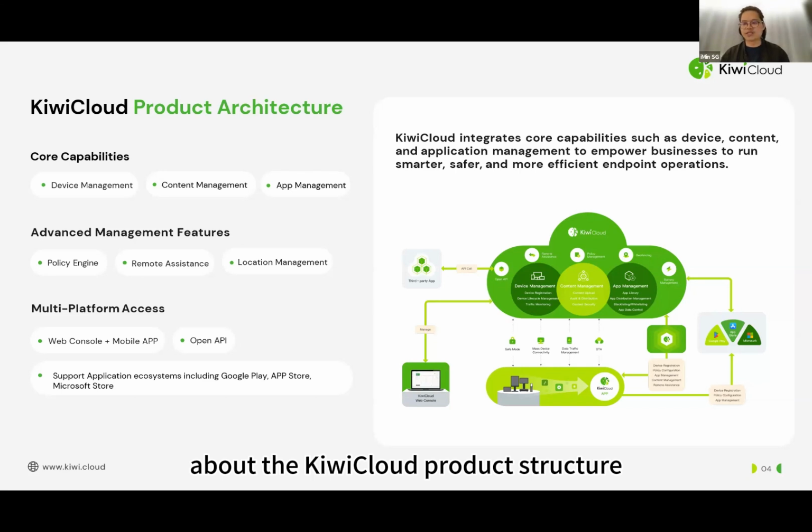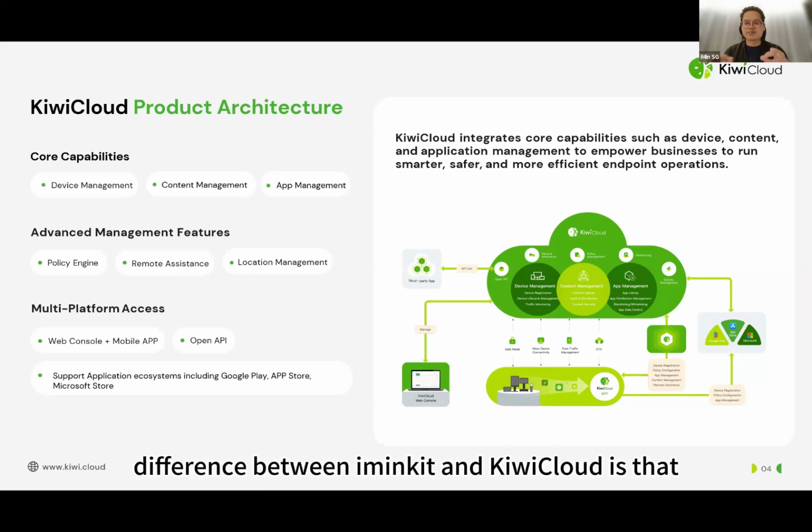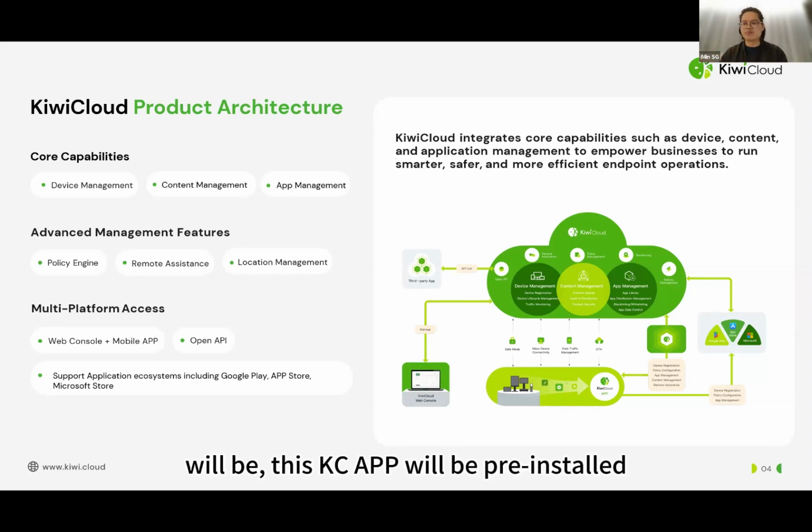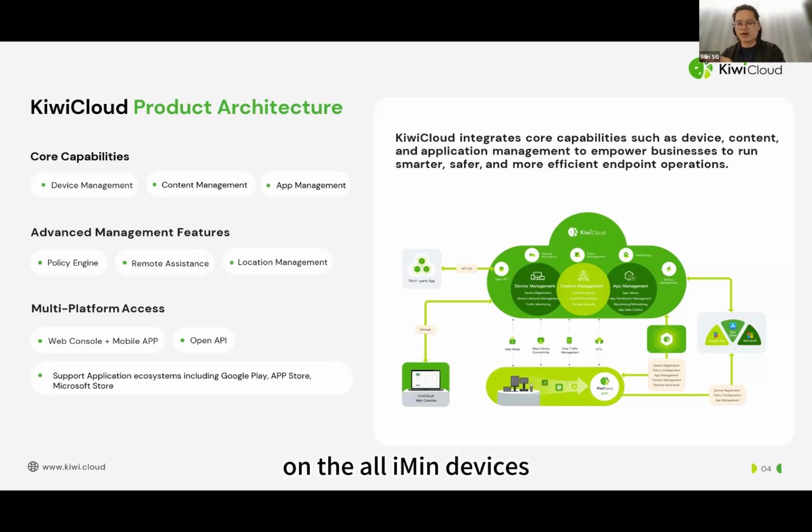About the KiwiCloud product structure, I don't want to dive very deep into this because I'm going to share this presentation to all of you. But the main difference between IMINKit and KiwiCloud is that if you look at this cloud at the bottom, at the center, there's an icon called KiwiCloud app. In short, we call it KC app. This KC app will be pre-installed on all IMIN devices.